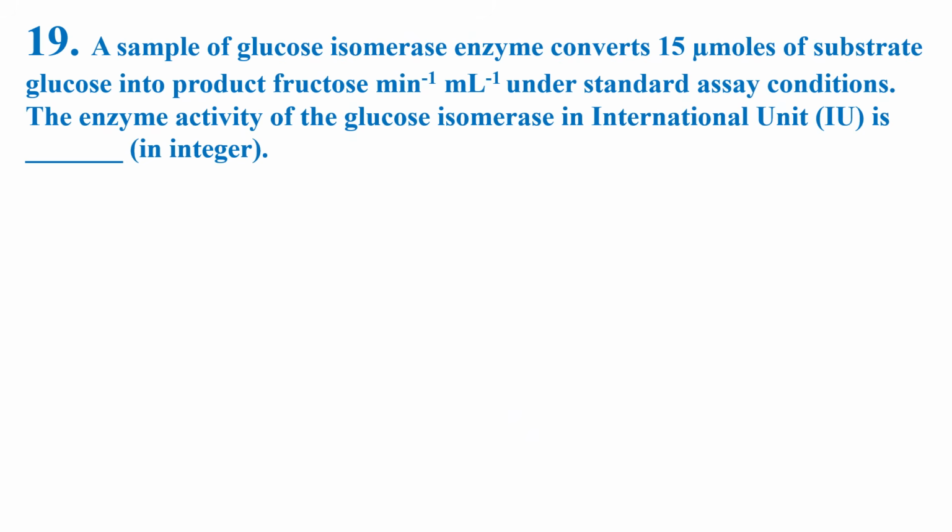Glucose isomerase converts 15 micromoles of substrate glucose into product fructose under standard assay conditions. So we have to calculate the enzyme activity of glucose isomerase in international units. We know that 1 IU, that is international unit, is equal to the amount of enzyme that converts 1 micromole of substrate per minute under the standard condition.